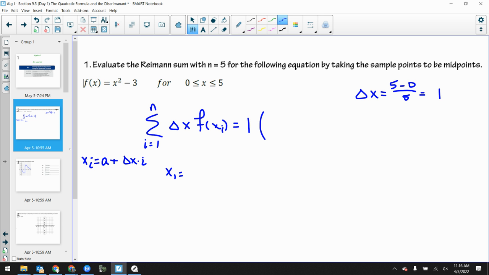That means I'm going to take my starting point and add on iterations of delta x to see what I need to plug in. Well, the good thing for us is a is 0. So x_i is really, in this case, delta x times i. Well, delta x we just solved to be 1. So x_i is really just i.